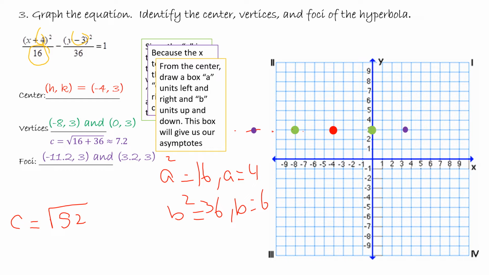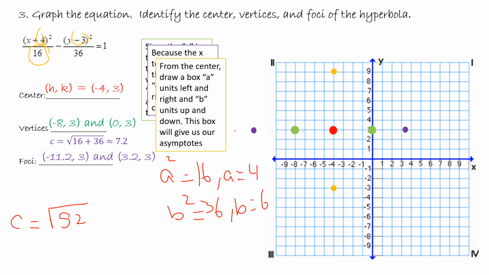B is 6, so I count from the center 6 units up, 6 units down. When I counted from the center 6 units up and 6 units down, this is called the conjugate axis. So remember, this is the transverse axis, which is horizontal, and this vertical one is called the conjugate axis.